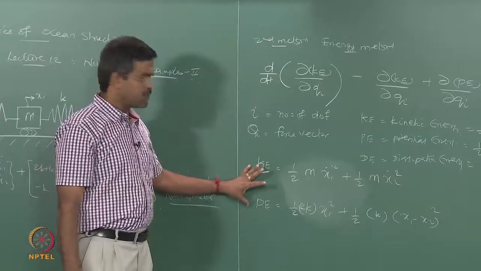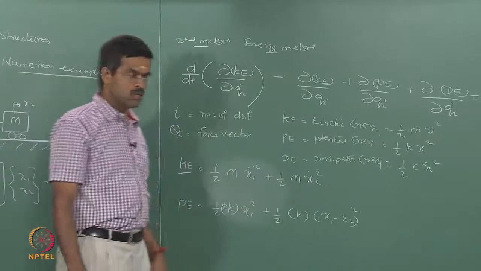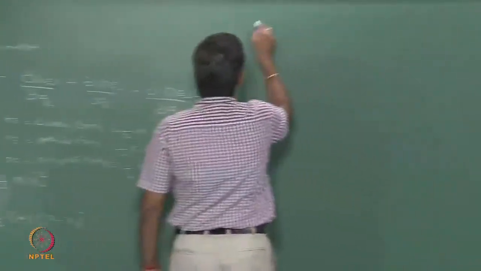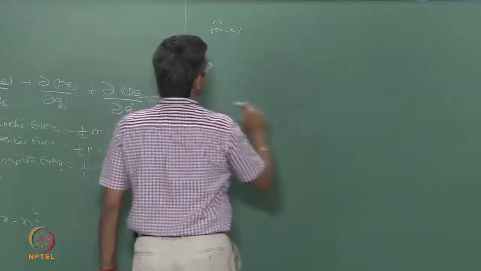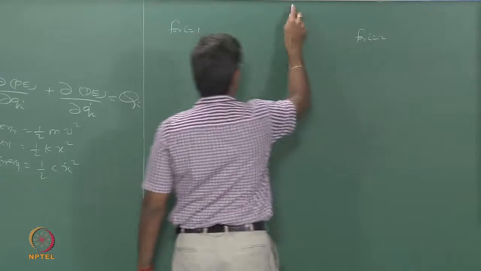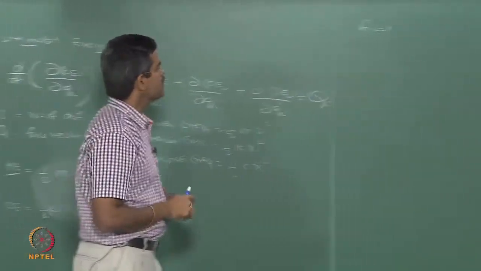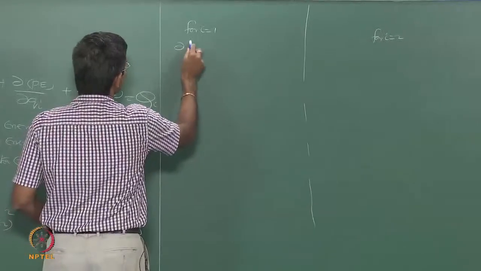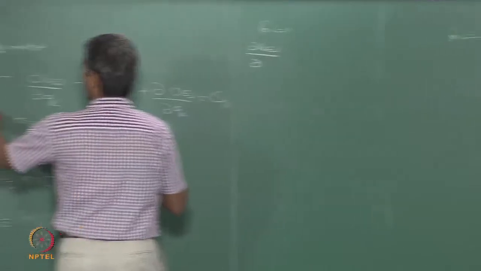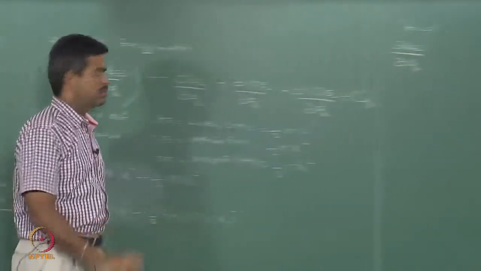So, these are the two expressions I have, which have variables x1 and x2. I take a partial derivative of them. So, let us try to do this separately, for i equal to 1 and for i equals 2. So, I must first find partial KE by partial q_i dot, that is required.